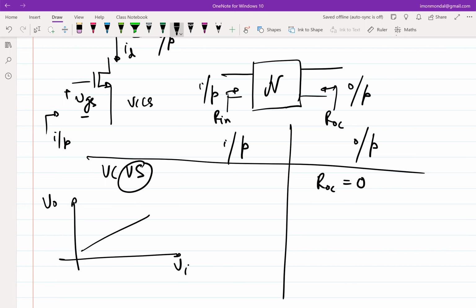So if you have a voltage source here and Rin is not infinity, then the entire voltage will not appear at the input port of the network. So essentially you have an RL. Okay, so ideally your Rin should be infinity.